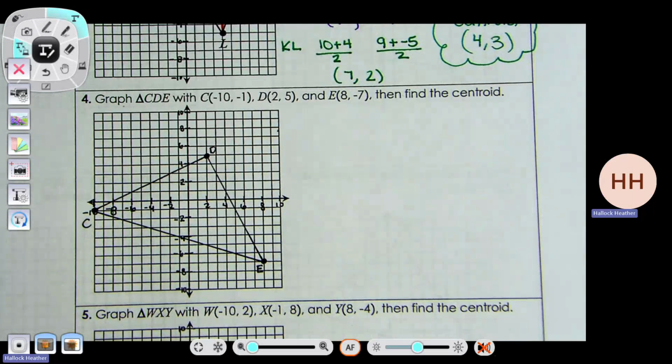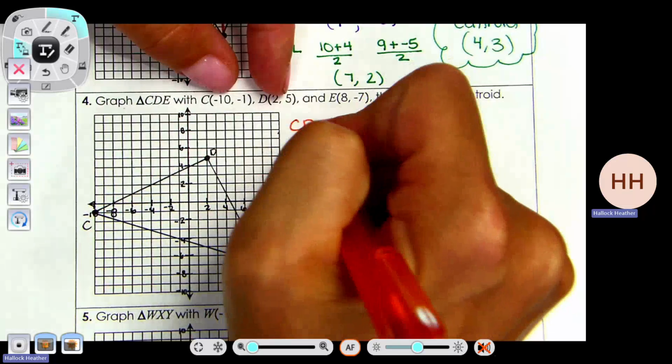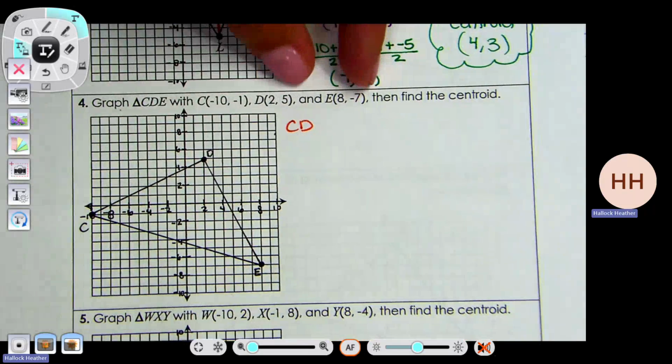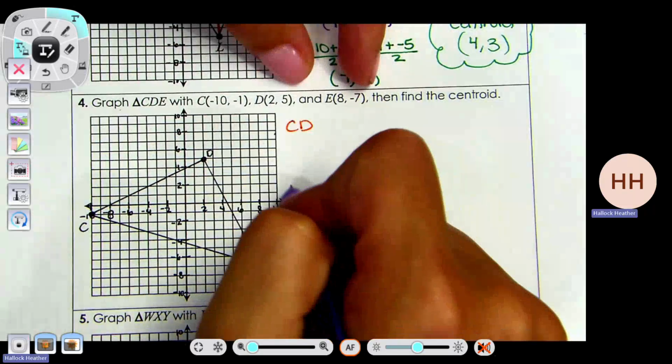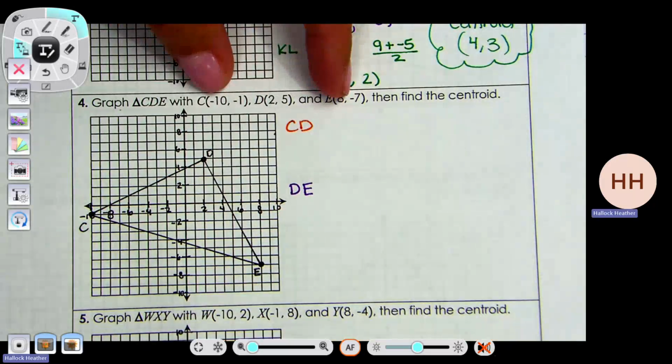Once you have your picture, you're going to start by finding the midpoint of any of the sides. I would do CD first, just because the order of the letters would make your life easier. Don't make it harder than it needs to be. So use CD first, then you can do DE, and then CE would be the first and the last.